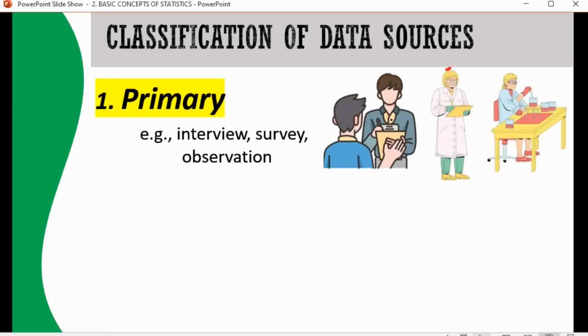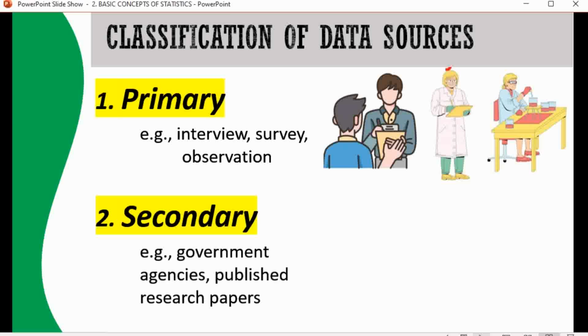We have primary, that means the researcher is the one who initiates the gathering of the information. We may do it via interview, survey, observation. Secondary data, on the other hand, is when you use repositories or other people's data for your research.